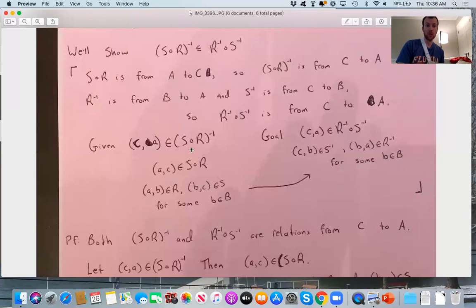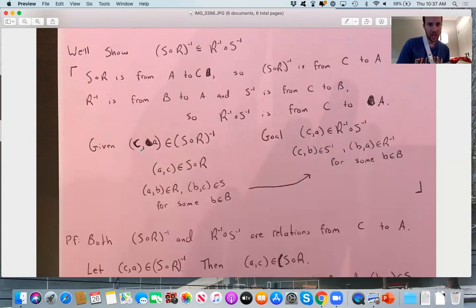It means we are starting with an ordered pair in this relation, which looks like something in C related to something in A, and we want to end up with it being in this relation here. To get there, what we need to use is: if we know something is in an inverse, what else do we know? And if we know something is in a composition, what does that mean?